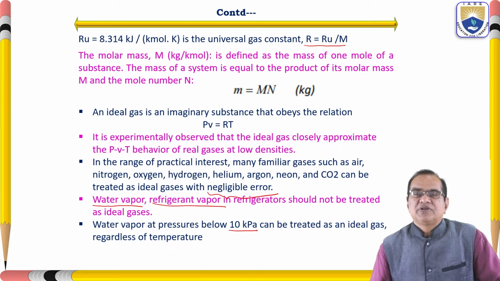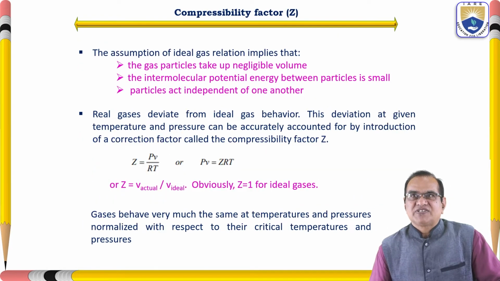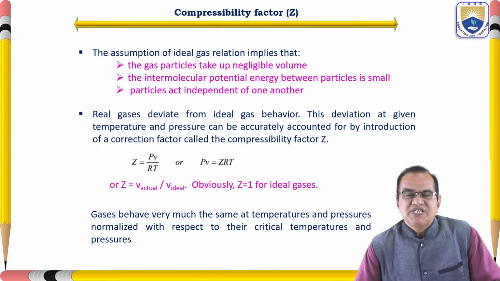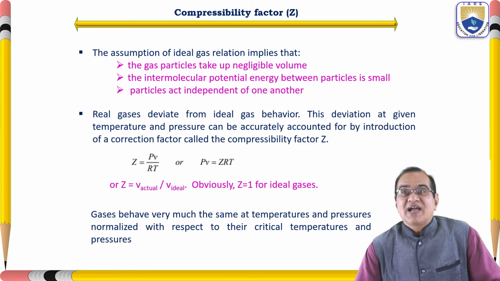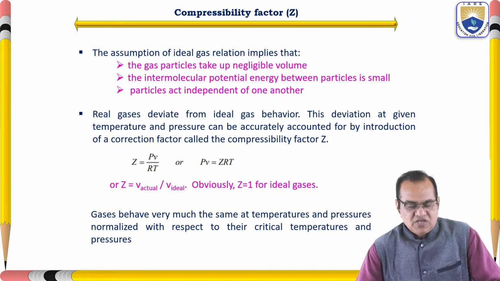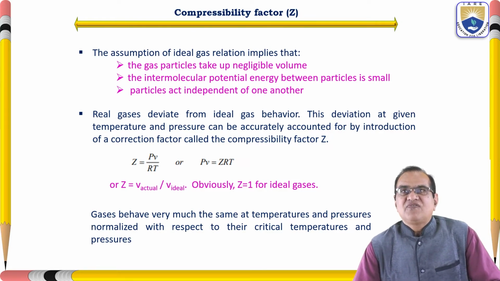So we have done the ideal gas and its functions. Now we have to see what the compressibility factor Z is. The assumption of the ideal gas relation implies that the gas particles take up negligible volume.